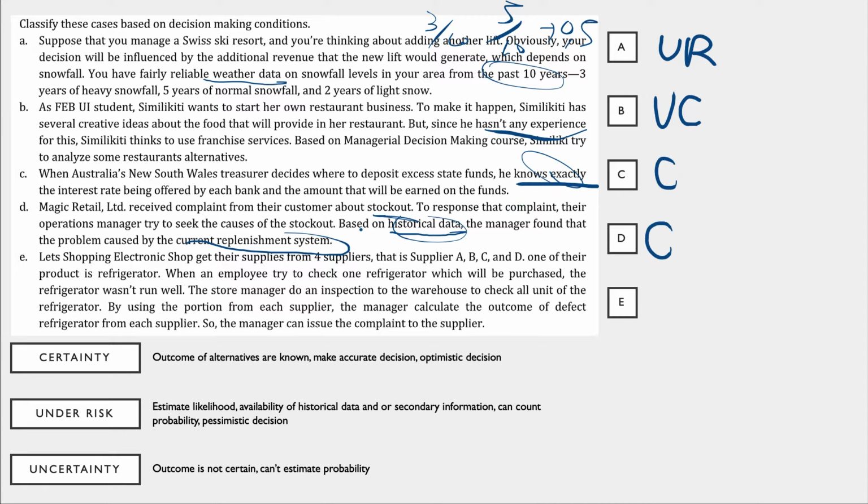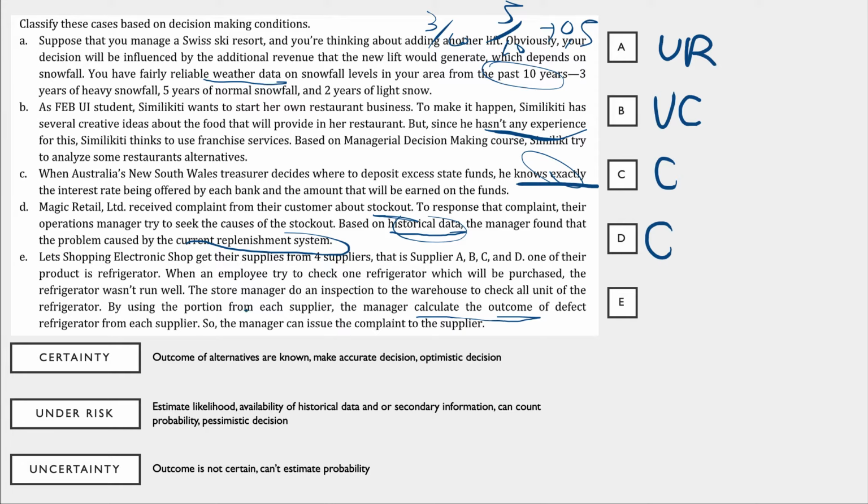So read carefully. And the last one: a large electronics shop gets its supply from 4 suppliers, supplier A, B, C, D. Their product is refrigerators, and when an employee tried to check, they didn't run well. So the manager did an inspection of the warehouse, and by using the portion of each supplier, the manager calculated the outcome of defects, so the manager can issue a complaint to the supplier.